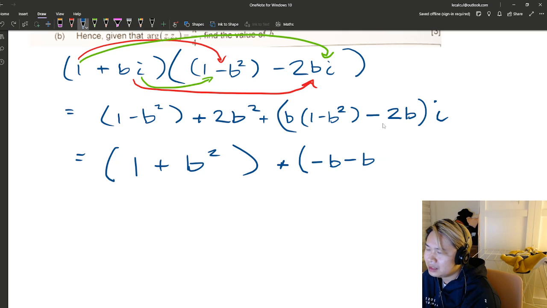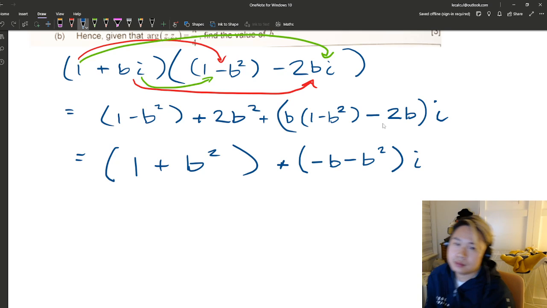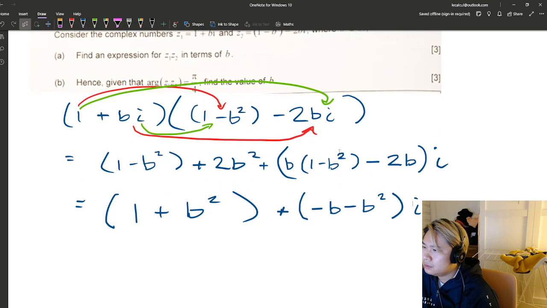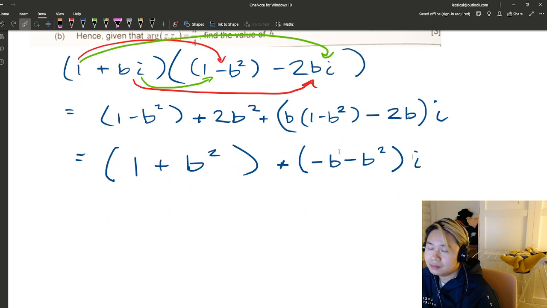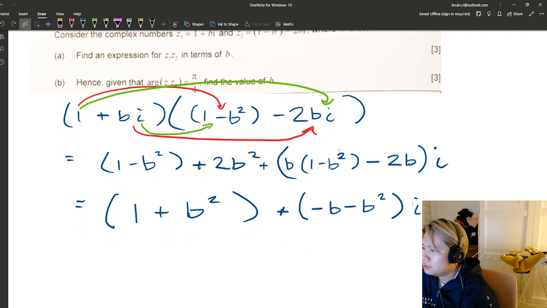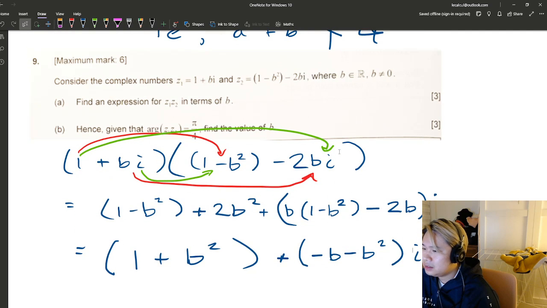So it's more or less the opposite of the real part. Actually, no, it's not. Never mind. Forget what I'm saying. Okay, what the hell are you supposed to do with this?